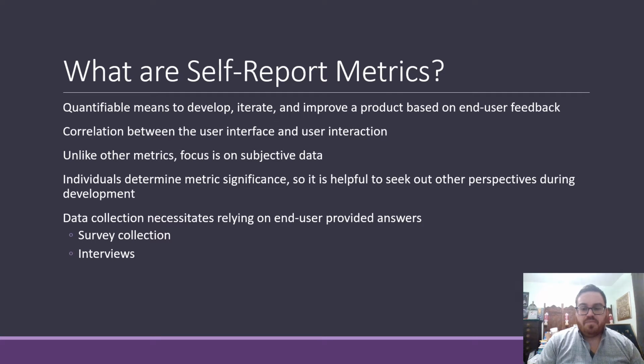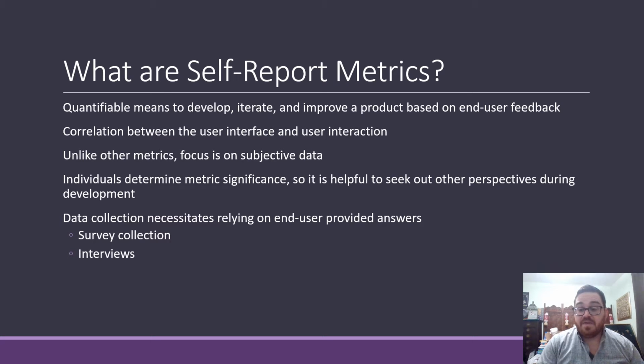The two primary methods of data collection for self-reported metrics necessitate relying on user-provided answers, which happen to be survey collection and interviews. Interviews are generally face-to-face or over the phone, with questions asked by the interviewer to the interviewee.